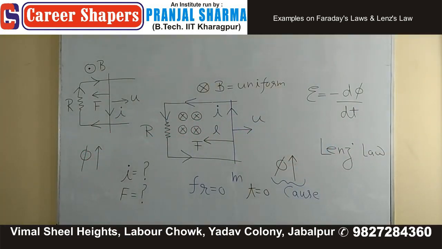This rod is going to behave like a battery. You know how to find the EMF. Once EMF is known, you can find the current. And then, if you know current in a wire which is present in some magnetic field, you can find force on the wire also. That's the hint.